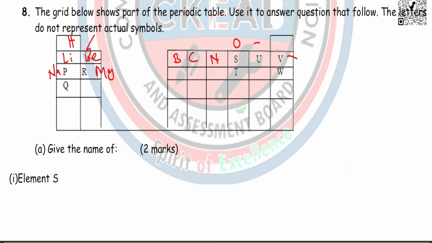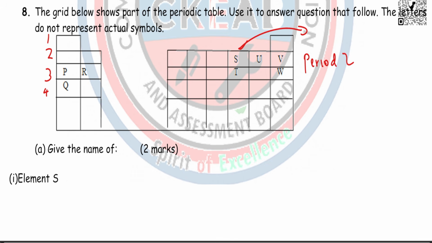But now, if you look at element S, most likely which element is it? This is S. So this is in period 1, 2, 3, 4. So period 2. Which group? Group 1, 2, 3, 4, 5, and 6. Group 6.